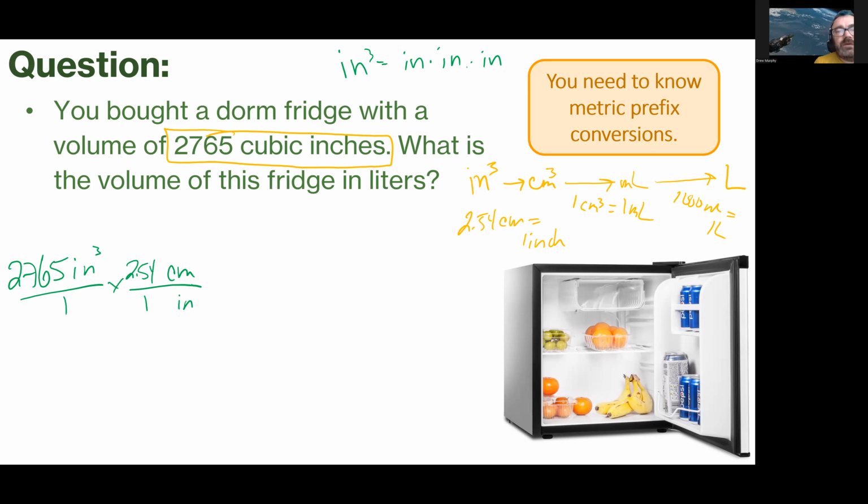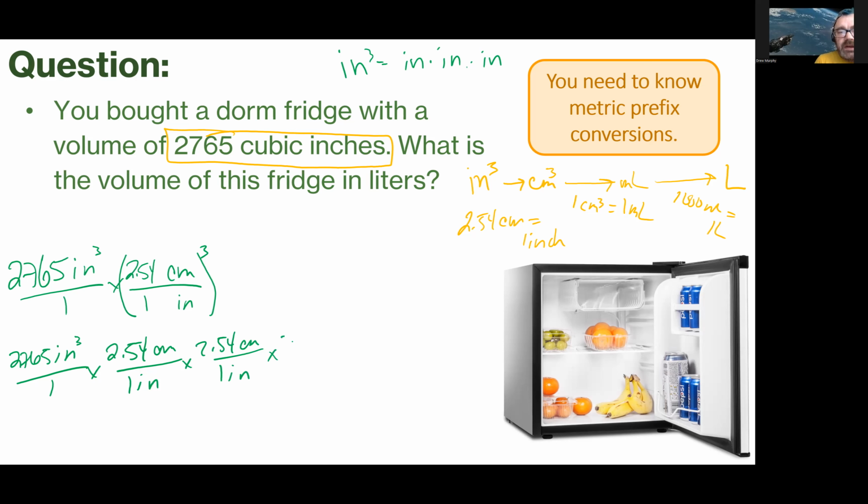So you can do this in 2 ways. This is the way I'm going to write it, and I'll show you a different way. But we have to do it 3 times. That's the same thing as if we had said 2,765 inches cubed times 2.54 centimeters over 1 inch times 2.54 centimeters over 1 inch times 2.54 centimeters over 1 inch.